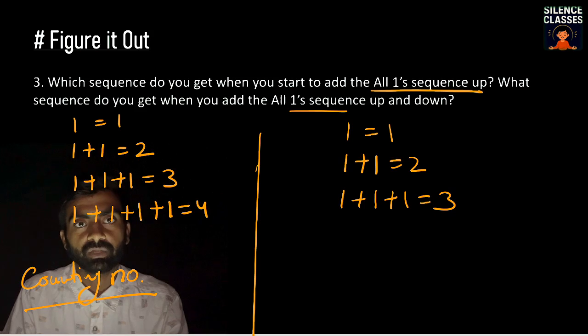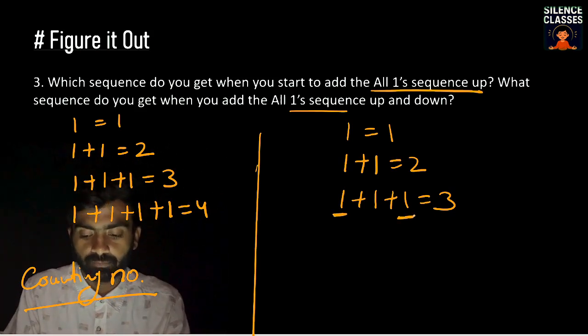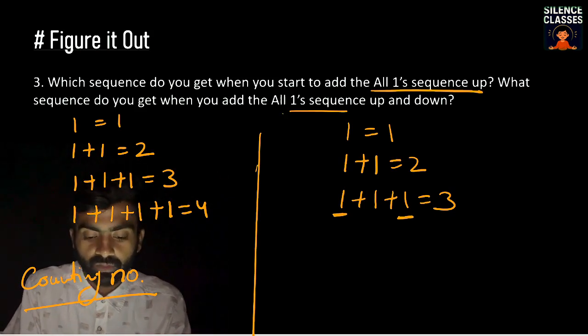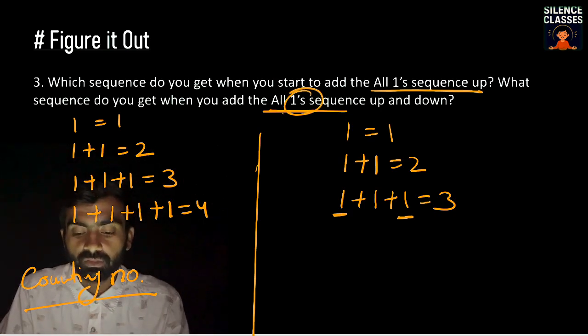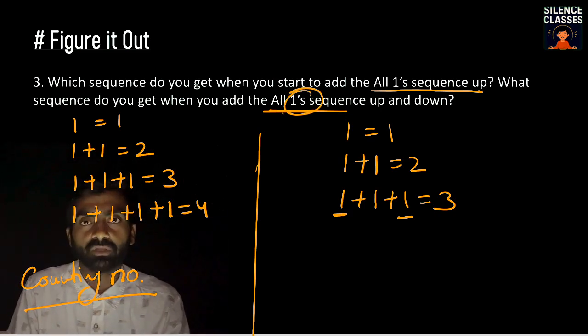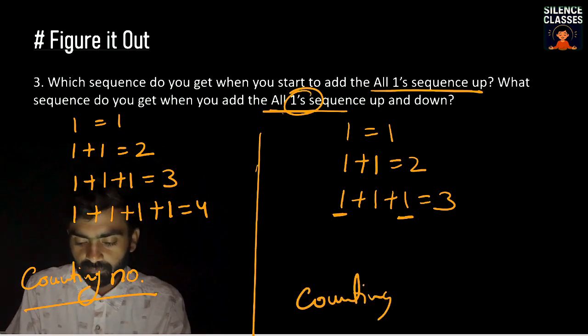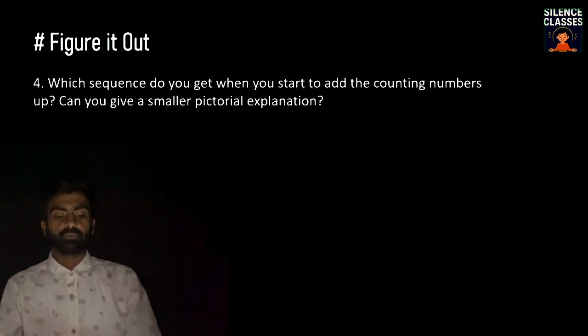In this same manner we have to do it, up and down, but the sequence is the same because there is only 1. Add all ones means we have to add only 1. So we will get the same counting numbers. Now let's move to the fourth part.